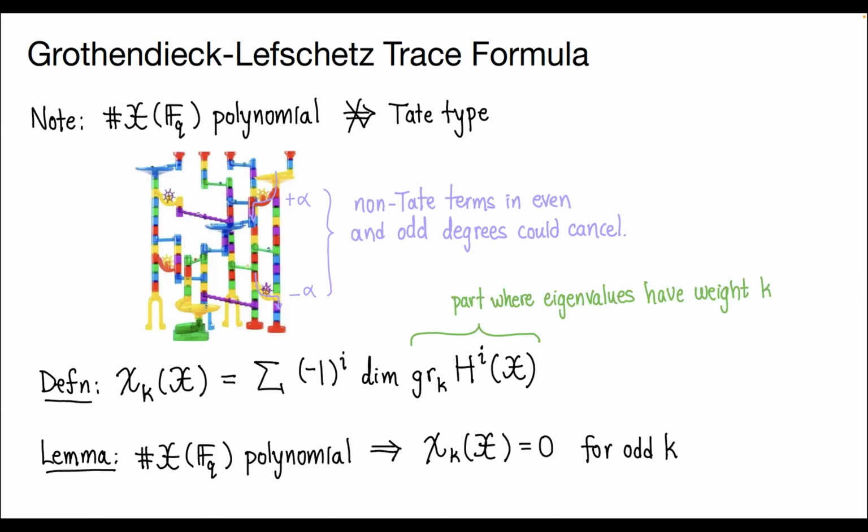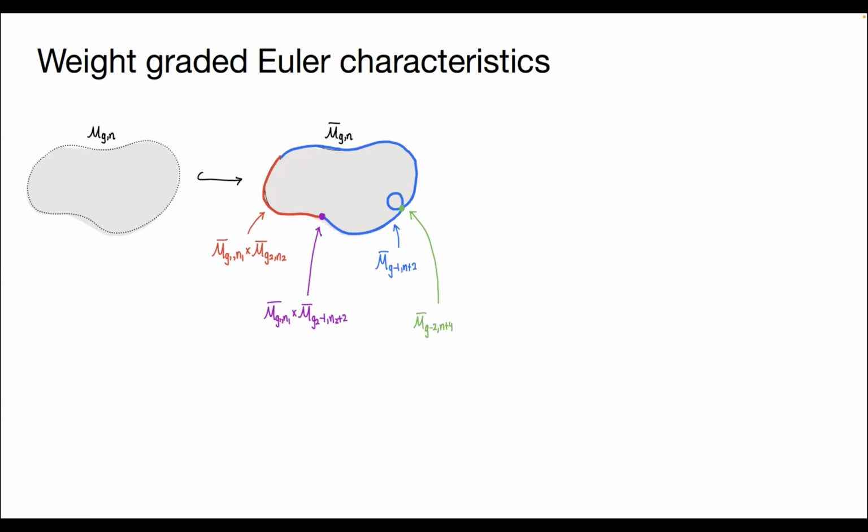So how do we compute these weight-graded Euler characteristics? The first step is to compactify M_{g,n} inside M_{g,n} bar. When we do that, the boundary is stratified in a really nice way, where each piece of that stratification is the image under a gluing map from a product of smaller moduli spaces.